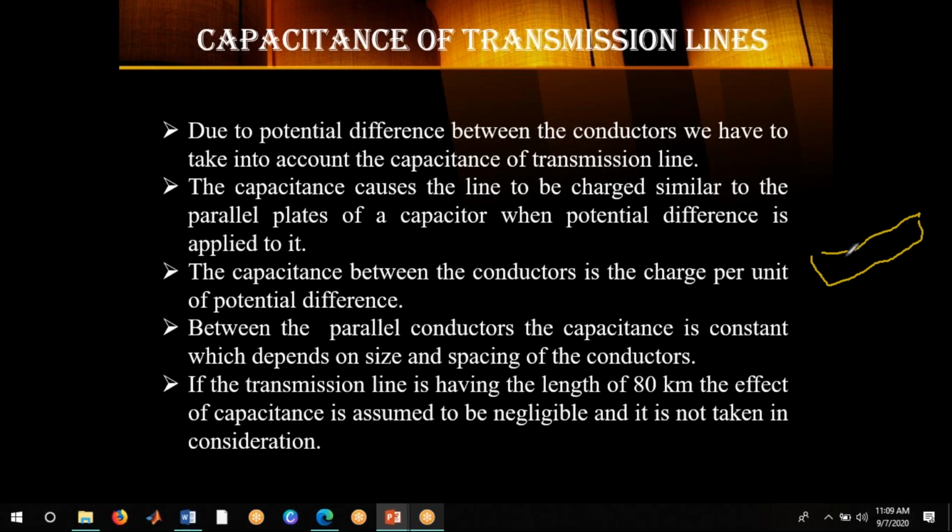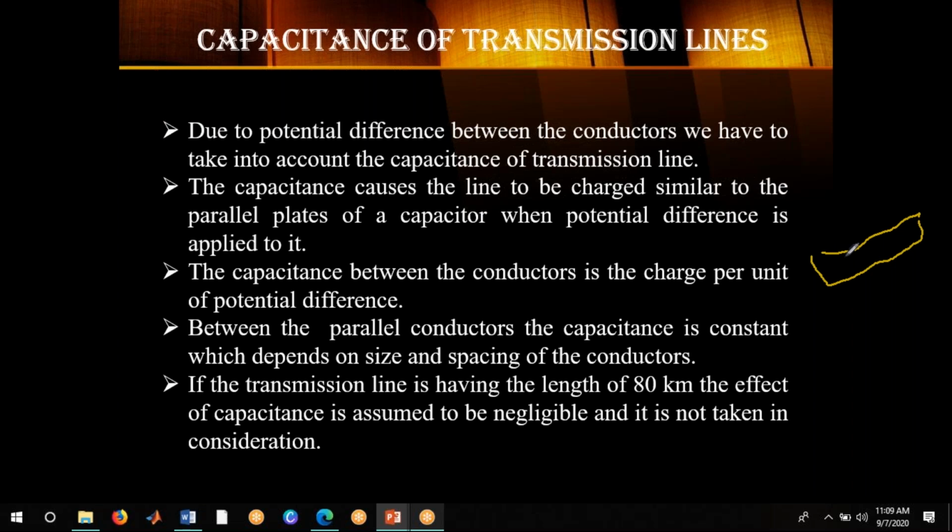When a potential difference occurs in a conductor, there is a need to define the capacitance, which gives the capacity of a conductor, and based on it the conductor can allow more power. We already know that transmission lines are capable of transferring more power.